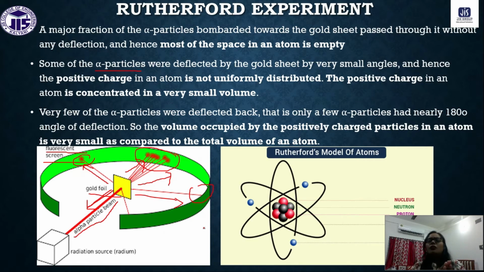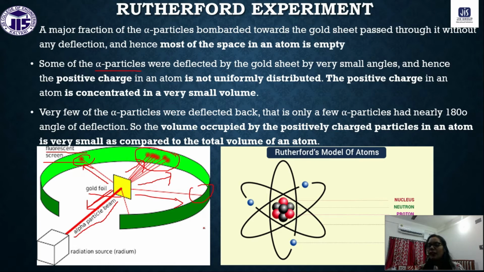That is why there is an interaction, and they are deflected from their straight path. So these are some of the conclusions that we can make from the Rutherford model.